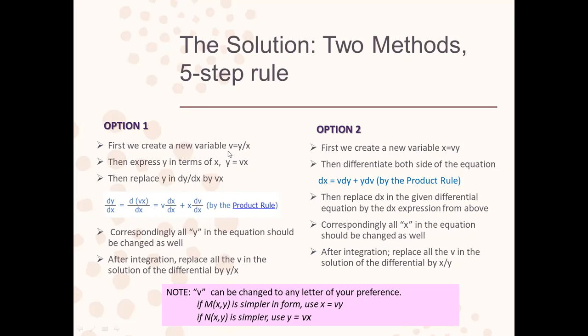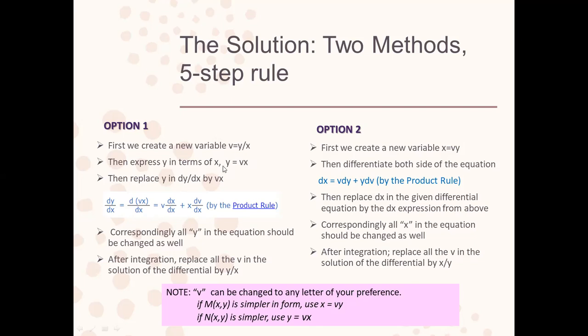So let's say you have used this particular option. You need to express all the y's that appear in your differential equation in terms of x. So you could see in here that if I will get an expression in terms of y, in terms of x from this expression, cross multiplying x on the v on the left side will give me y equal to vx.